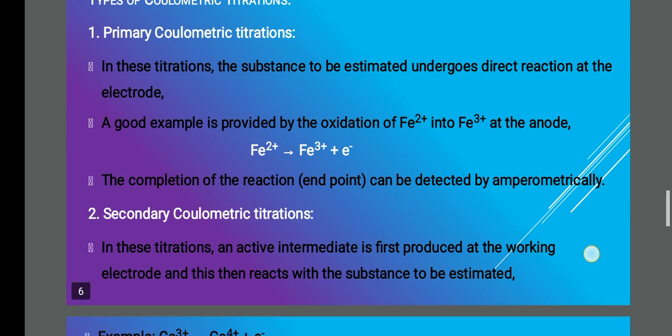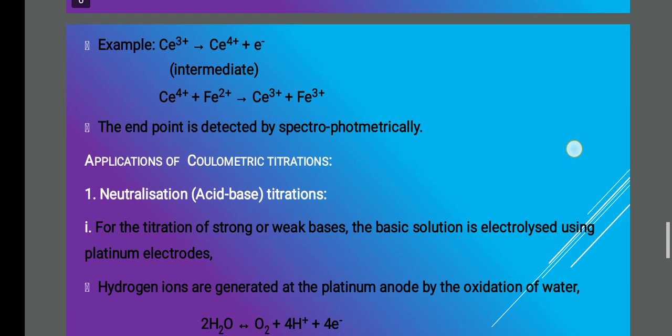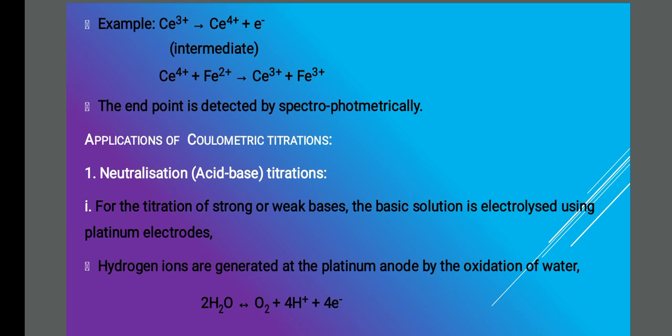And what is the example given here is, first what happens is cerous ion will give you ceric ion plus electron, that is Ce3+ gives you Ce4+ plus electron, and the Ce4+ is an intermediate. So the intermediate will react with our substance.